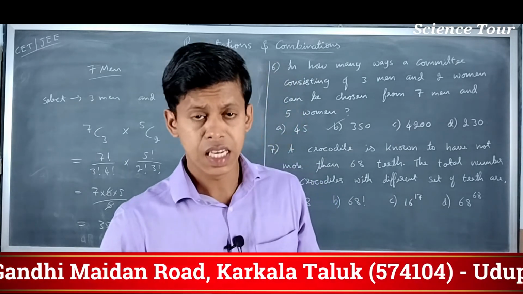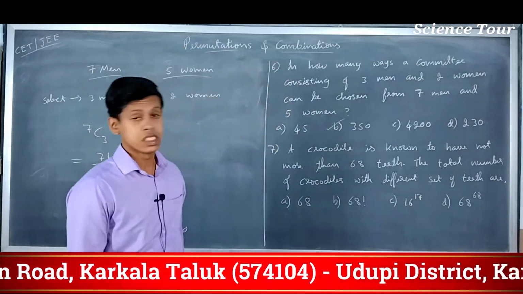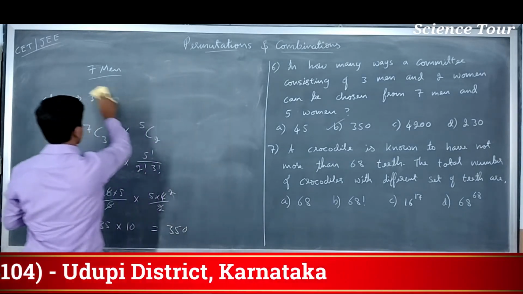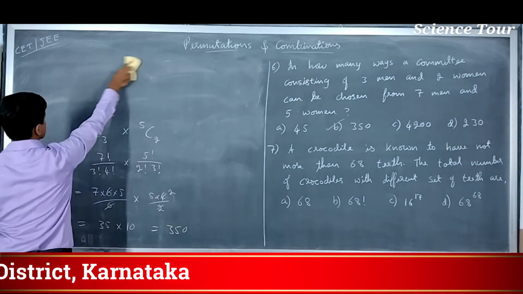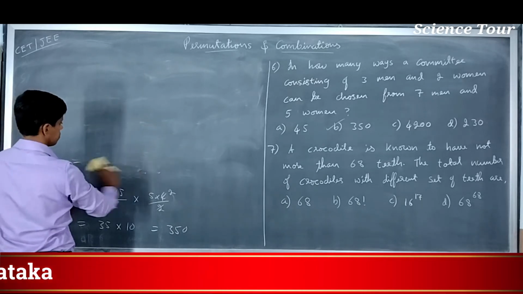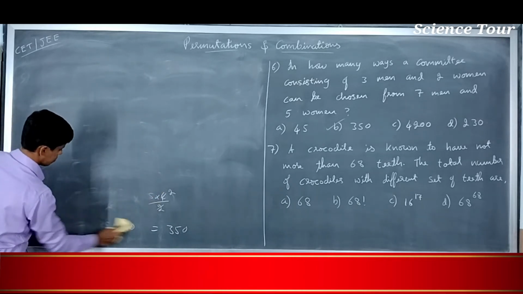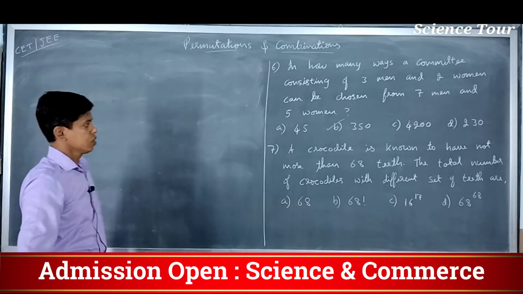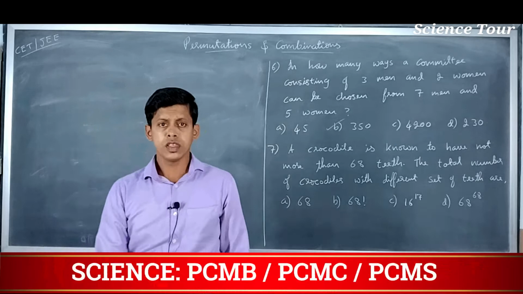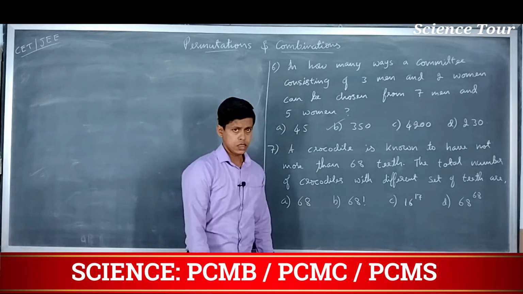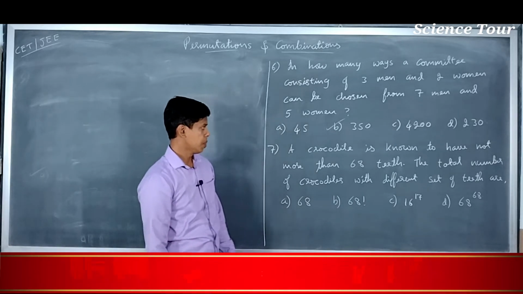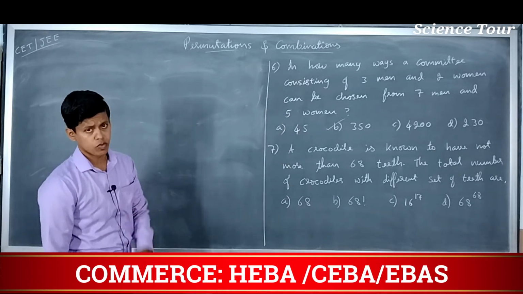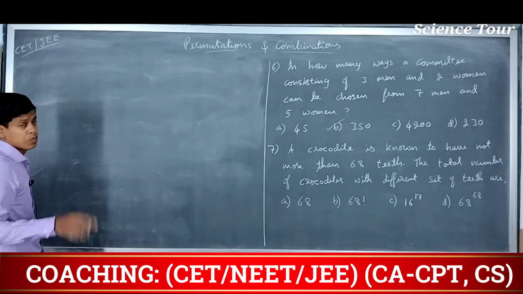Let's move on with the next question, question number 7. Okay, look at this question, a very strange, different question. Before we go into this question, I want to give you one more formula of combination, the sum of combinations.